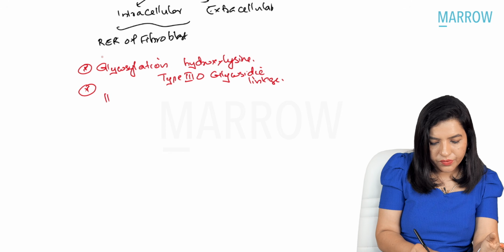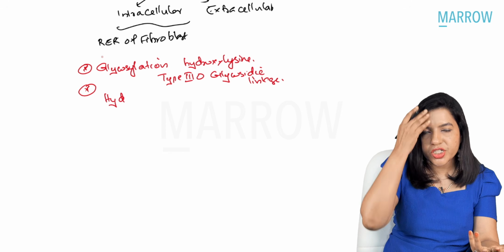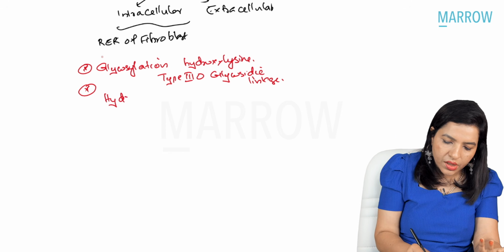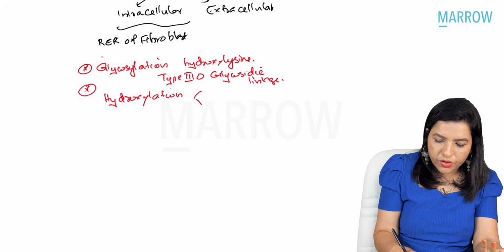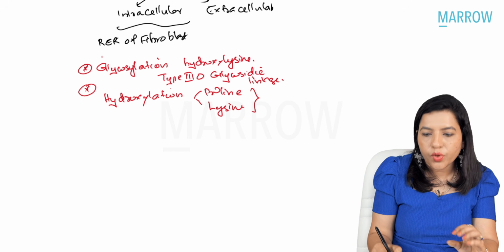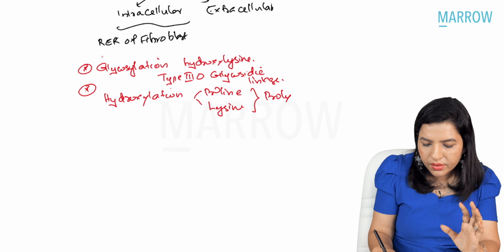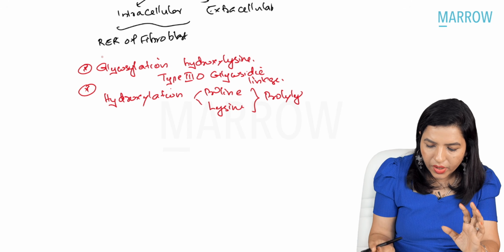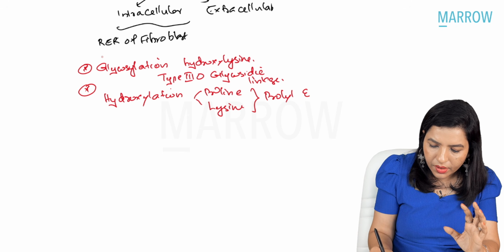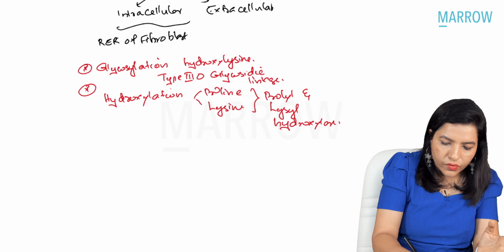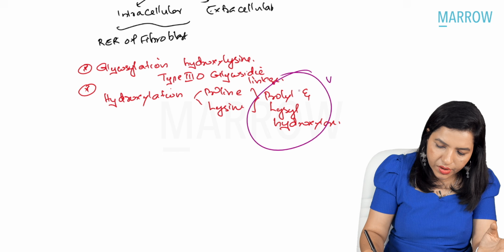Then another important post-translational modification that was in the question: hydroxylation. Hydroxylation of proline and lysine residues, by which enzymes? Prolyl and lysyl hydroxylase. Which vitamin is important for this?